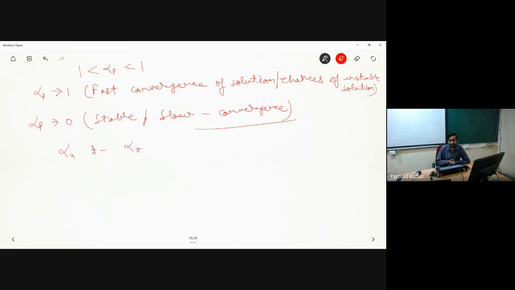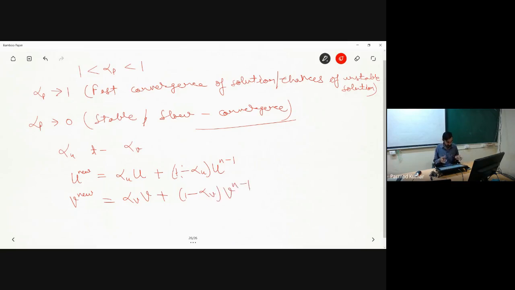We say that our new velocity will be U new equal to alpha U times U plus (1 minus alpha U) times U at iteration n minus 1. Similarly, V new will be equal to alpha V times V plus (1 minus alpha V) times V at iteration n minus 1.